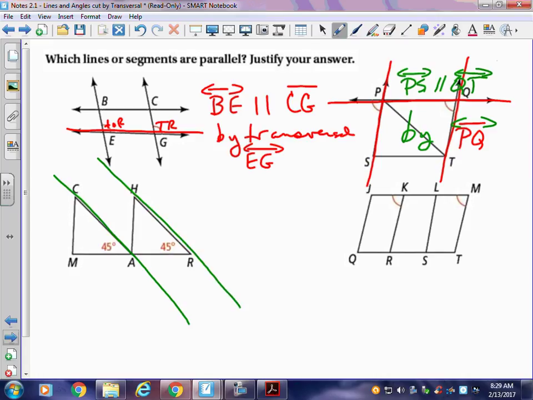Alright. You have to draw the two lines that cross each other. It's the transversal. So in this case, I have again corresponding, but this time HR is parallel to CA and is cut by the transversal RM.